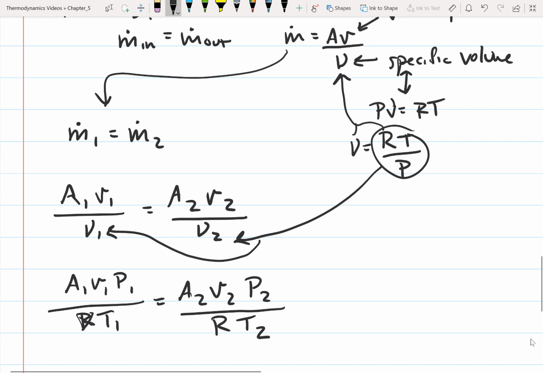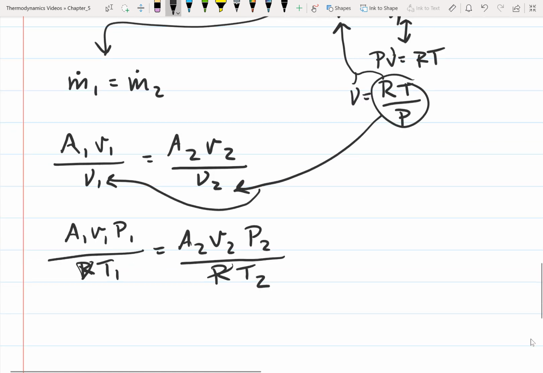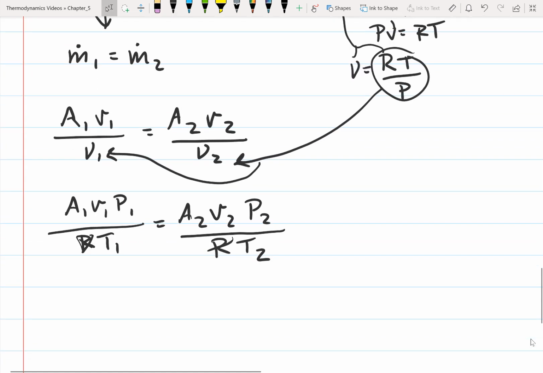The R's are going to cancel because we have them on both sides. And so now what we want to do is just solve this equation for P2 because that's actually what we're interested in.